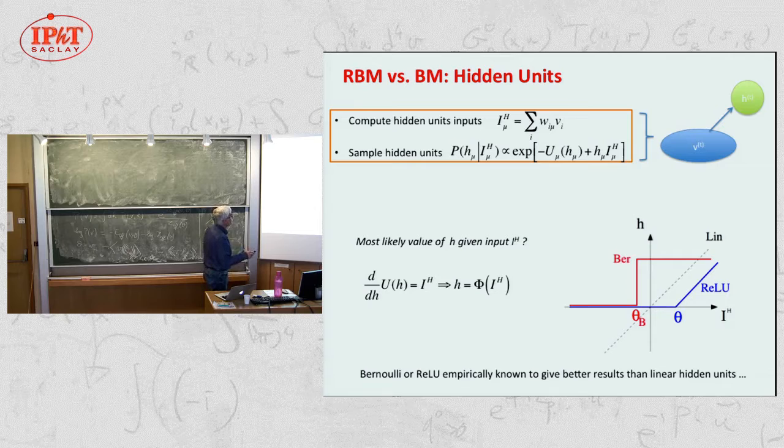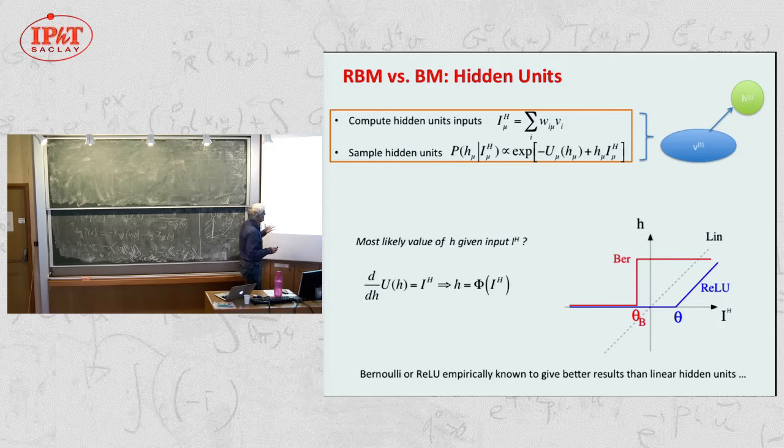Let me see, for instance, what is the most likely value of h_mu given the inputs. Then I have to find the maximum of this distribution, right? The maximum is given by the point where the derivative of u is equal to the input. This is a scalar relationship, so implicitly that defines h as a function of the input. I just have to invert u prime.